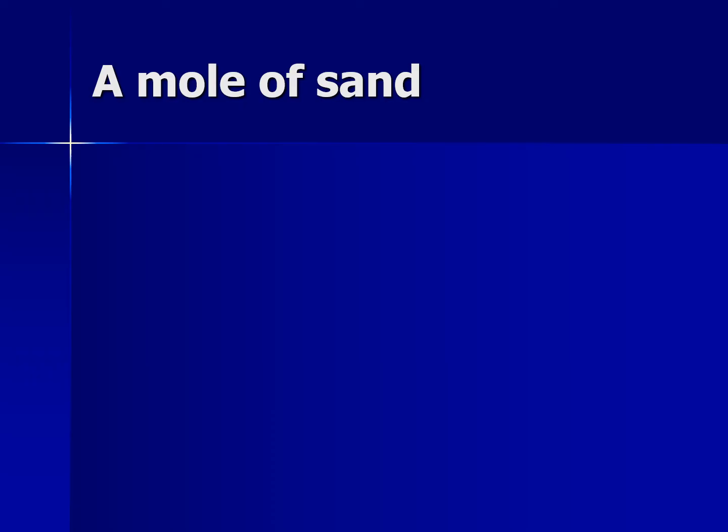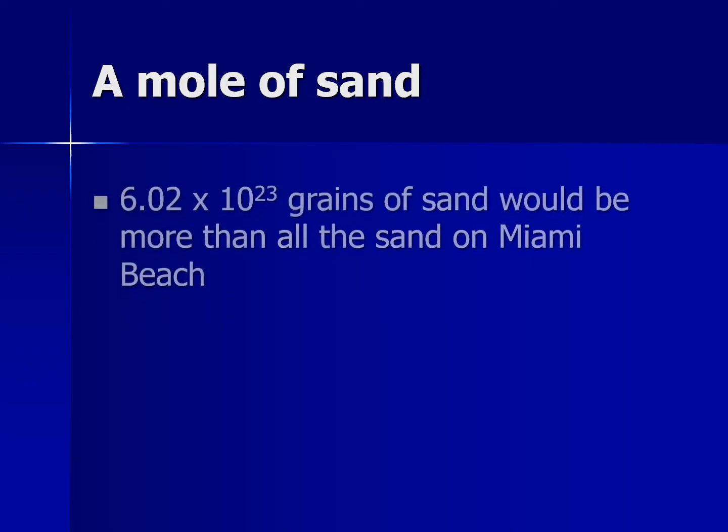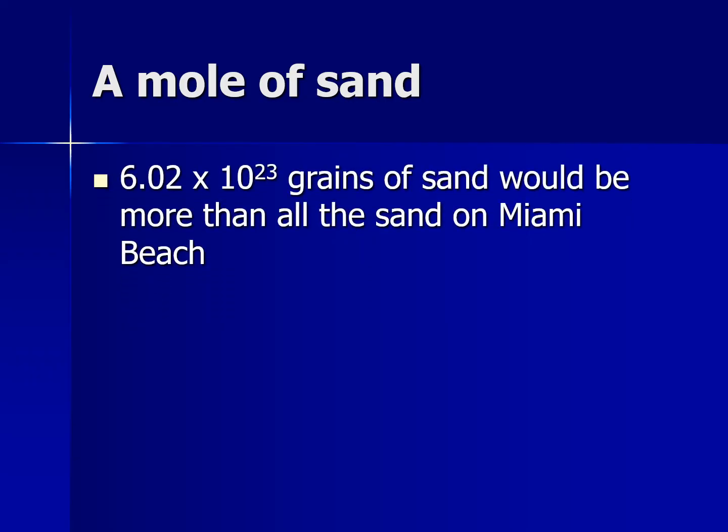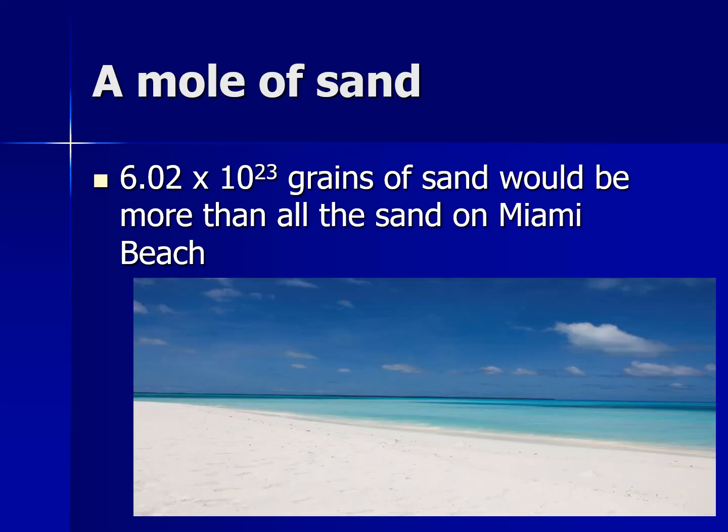All right, well, what about a mole of sand? A mole of sand, once again, is 6.02 times 10 to the 23rd. If I had 6.02 times 10 to the 23rd grains of sand, that would be more than all the sand on the Miami beach. That's a lot of sand.